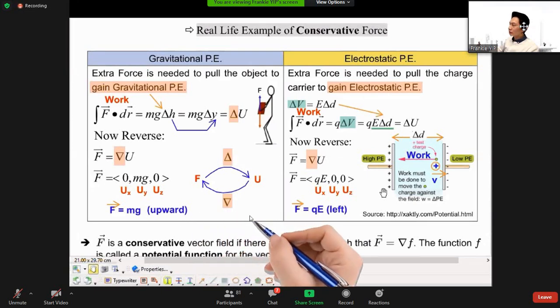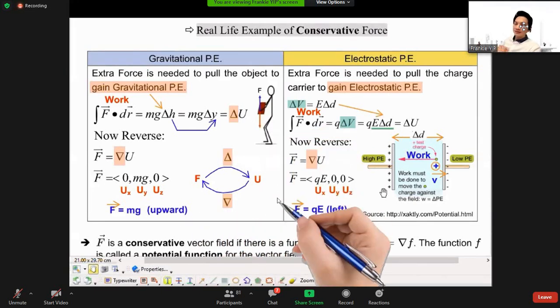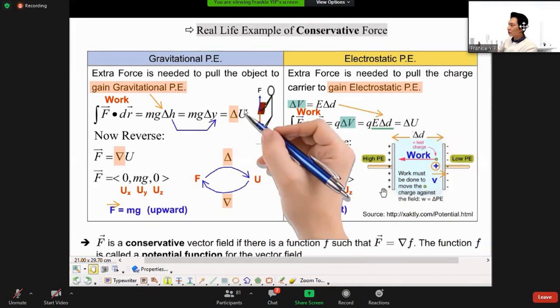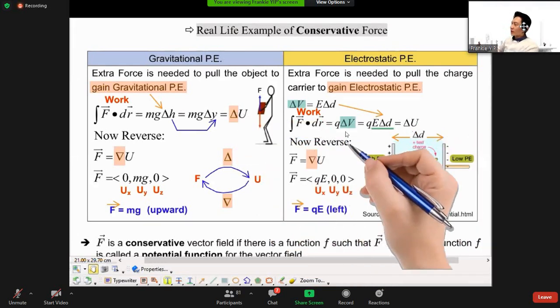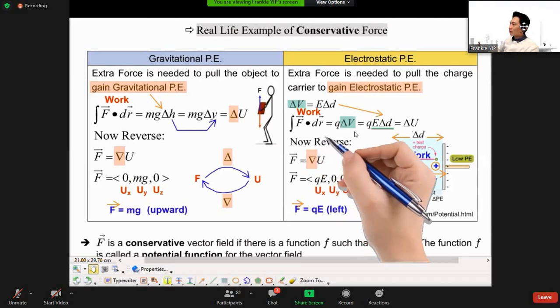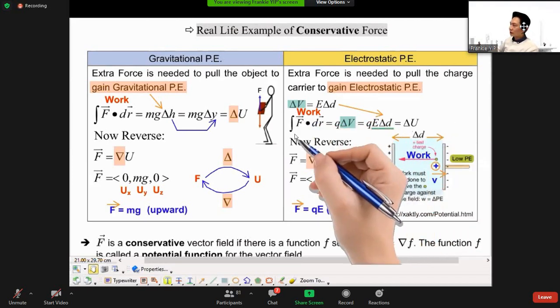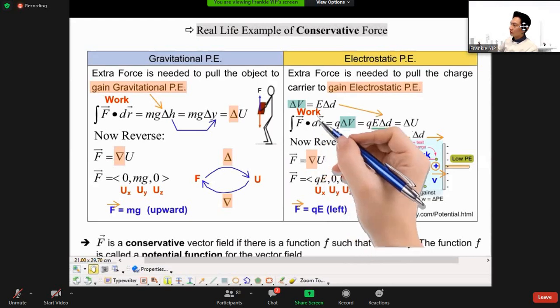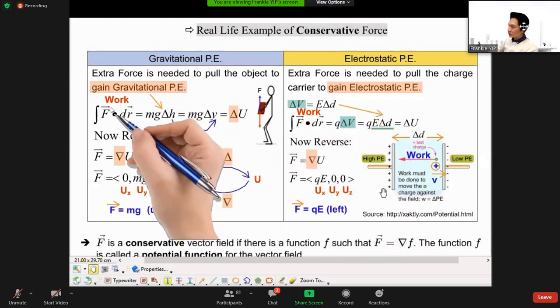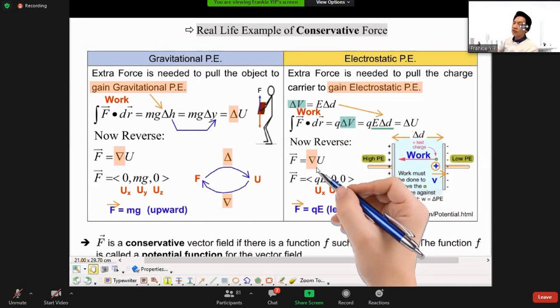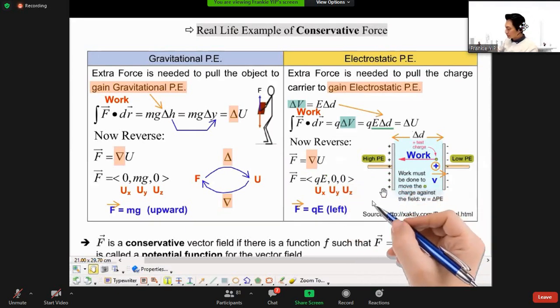To net, you know that it's moving upward. Got it? So this is the application of the conservative and also the potential function. Okay, this is the potential function. Once again, in order to find out the potential function or find out the line integral, to find the vector field inside the line integral, we use the del.